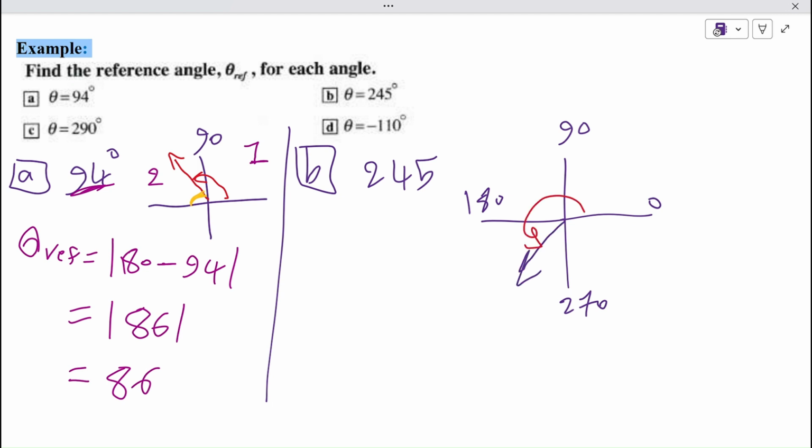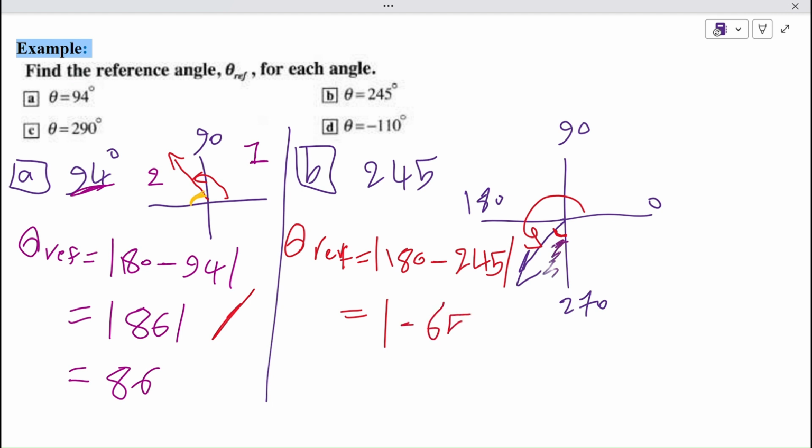How can we find it? This is in the third quadrant, and I told you we use the same rule that I used here. The reference angle is equal to 180 minus our theta, which is 245. So 180 minus 245 is equal to minus 65, so the reference angle is 65.